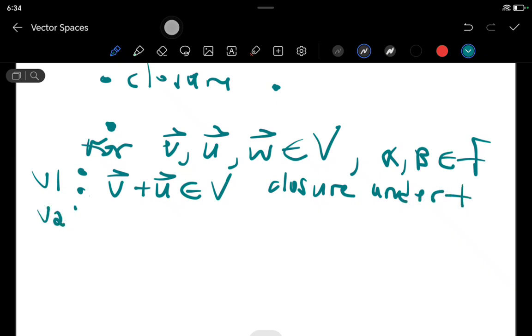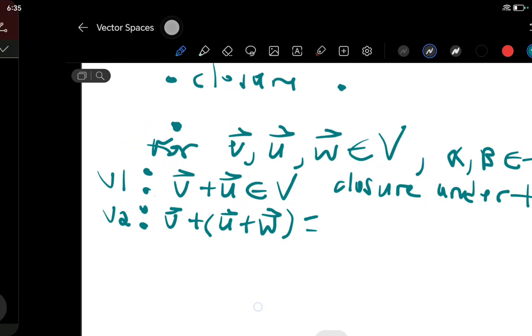The second one, after checking closure under addition, is associativity. Let's say I say v plus u plus w. Most of the time it's best if you check commutativity first.